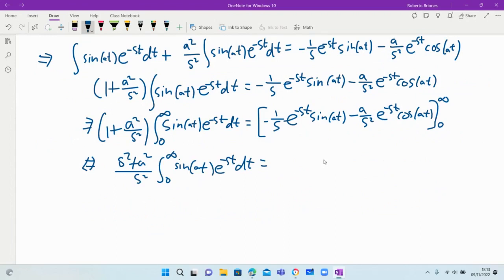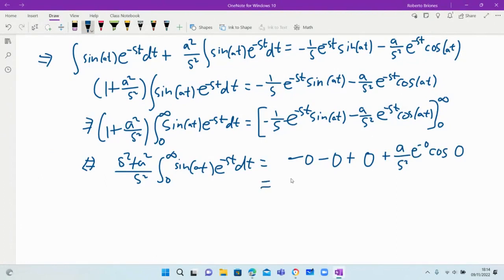By applying L'Hopital's rule, we will find out that the right hand side of the equation will be equal to 0. So it will be negative 0 minus 0 plus 0, because when we plug in t equals 0 for sine of at, the value is 0, plus a over s squared, then e to the negative 0 times cosine of 0.